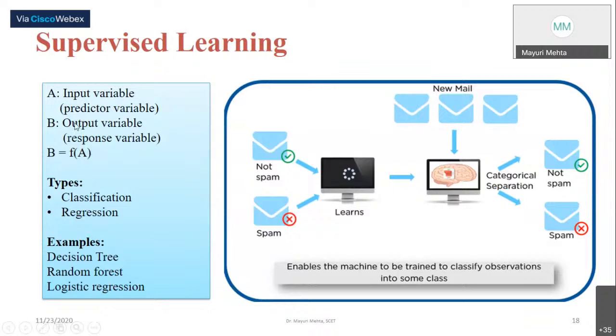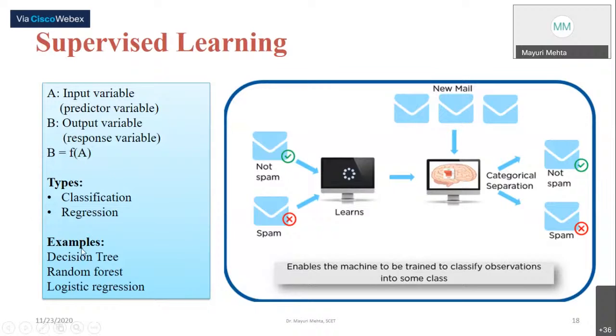For example, here A and B are input and output variables, and we apply an algorithm to learn this mapping. Any supervised learning algorithm can be used to learn the mapping function from input to output. The main objective is to approximate the mapping function so well that when we have new input data, if we have a new A, we can easily predict the output variable B for that new input data.